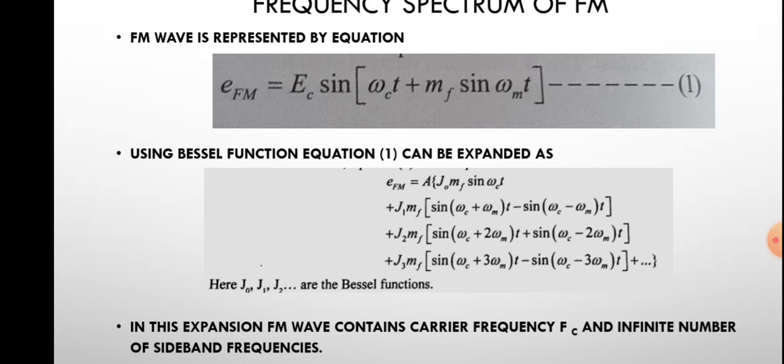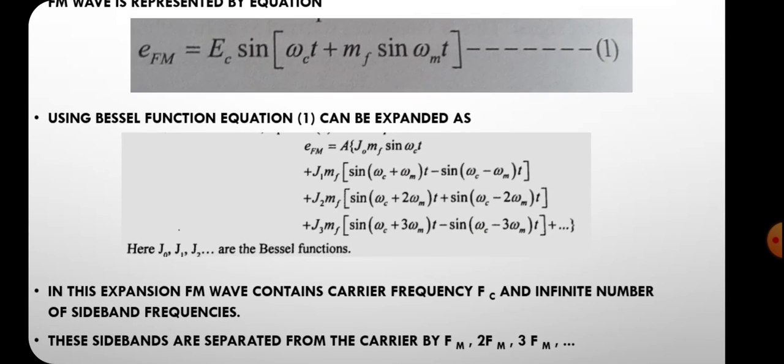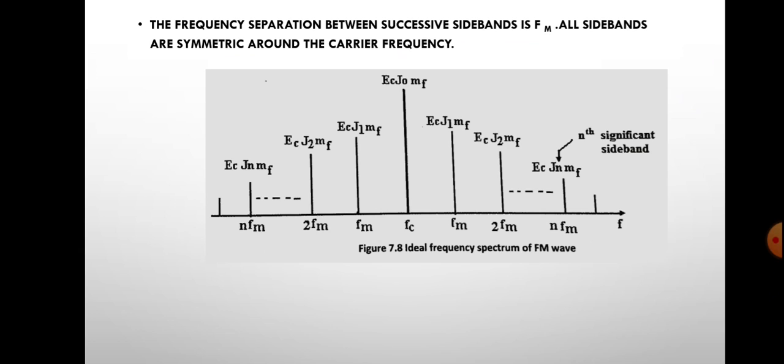In this expansion, the FM wave contains the carrier frequency fc, the central frequency, and an infinite number of sideband frequencies. The frequency separation between successive sidebands is fm, which means all sidebands are symmetric around the carrier frequency.